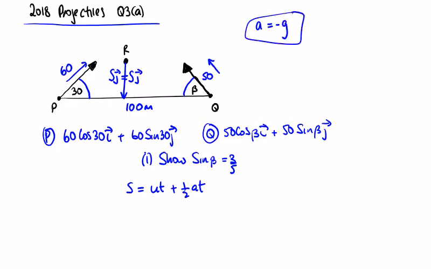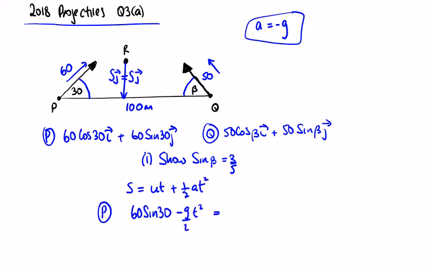So for P, we're going to have 60 sine 30 T minus G over 2 times T squared.